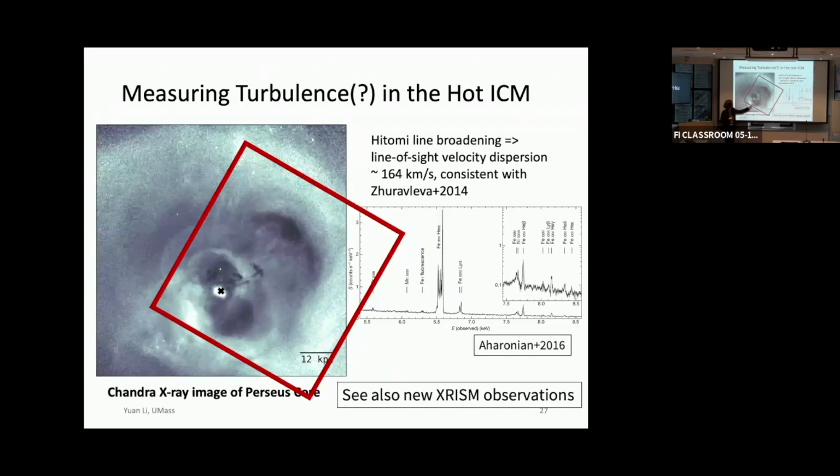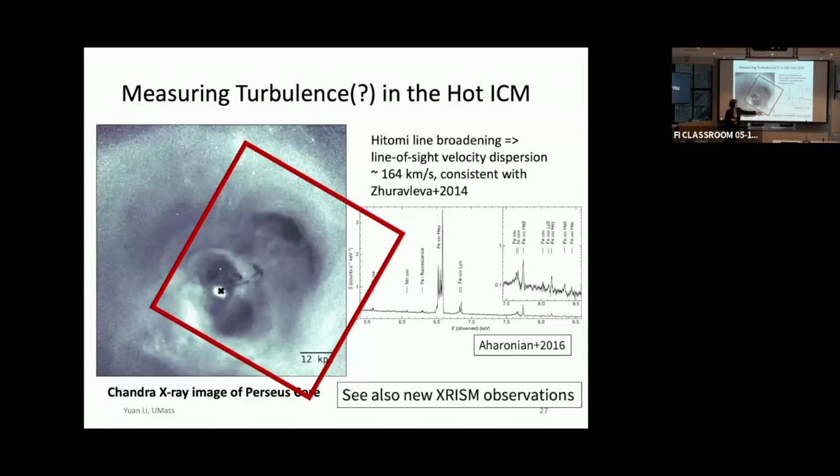And that one observation was looking at the central region of Perseus. And what Hitomi told us is that within this big region, along the line of sight, there is a non-thermal line broadening that would translate to a velocity dispersion of 100-something kilometers per second. And that's exactly consistent with what the Chandra surface brightness fluctuations suggested.